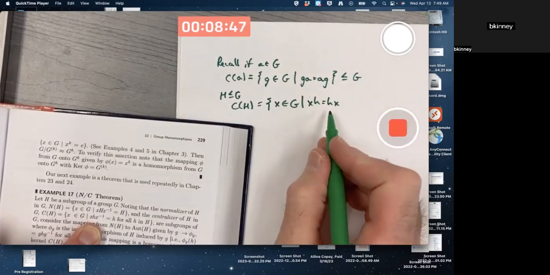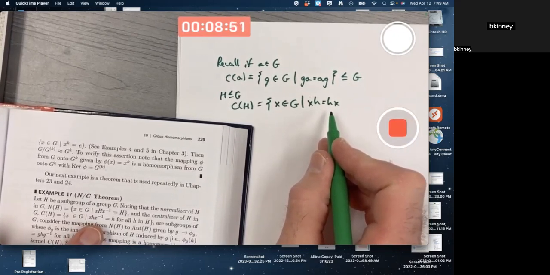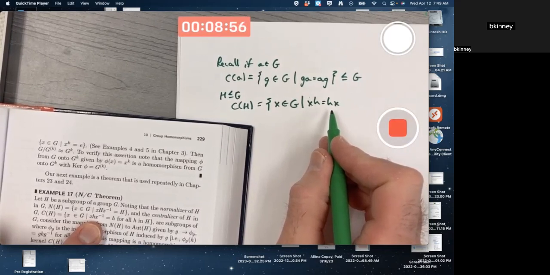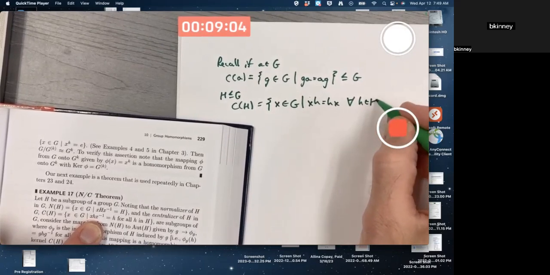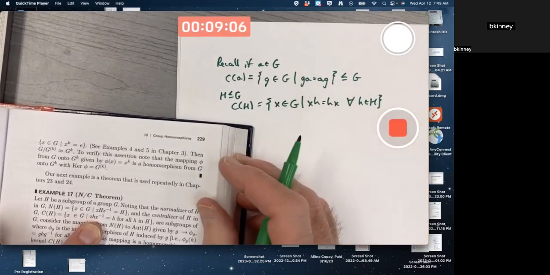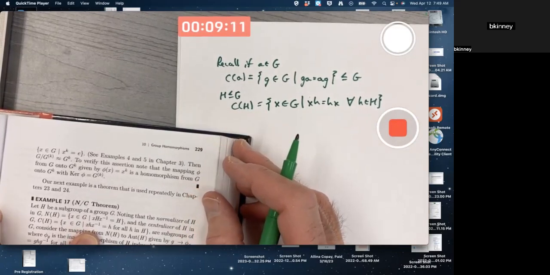You could get from the one on the right to the one on the left by multiplying on the right by X inverse. So this is the same as saying X and h commute. This needs to be true for all h in capital H. Centralizer of a subgroup.